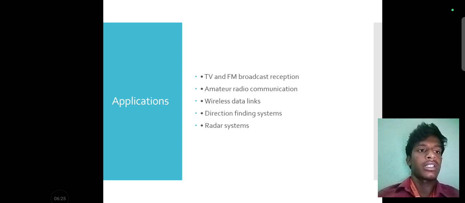These are the applications of the Yagi antenna.